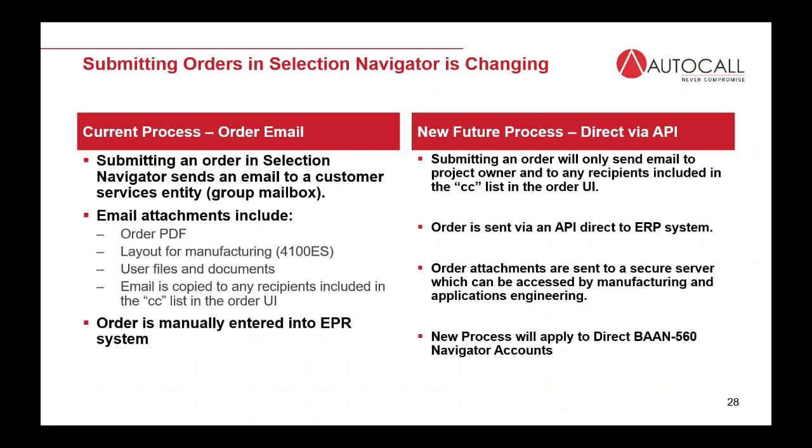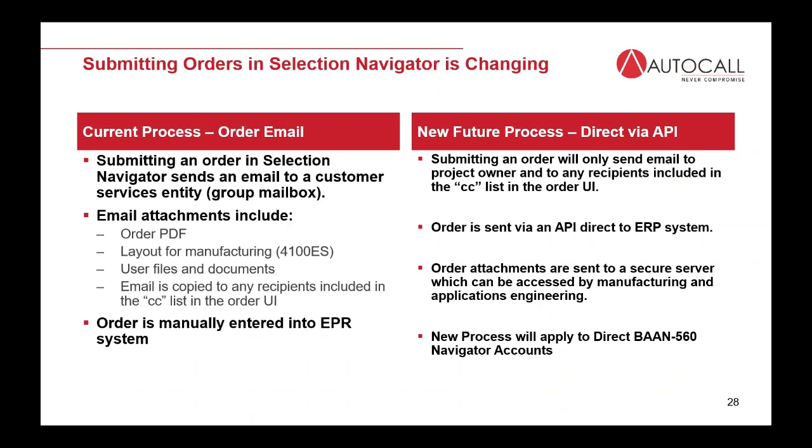The only difference is the order is not going to go out to our customer services entity, and it's going to go direct into our Barn 560 ERP system. Any attachments, so the order PDF and 4100 ES placement files, are going to go to a secure server like a SharePoint drive, which can be accessed by manufacturing, our applications engineering, and also our customer services team, just in case you needed any changes to that order.